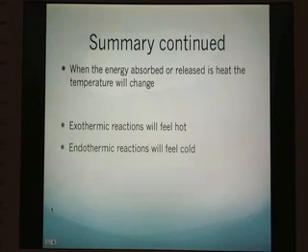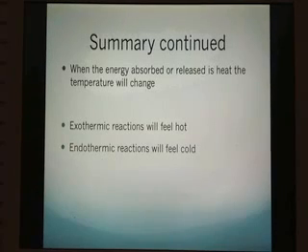Also, when the energy that we're talking about is absorbed or released, if this energy is heat, so it's not light or sound, but if it is heat, you will see a temperature change. So an exothermic reaction, where energy is being released into the surroundings from the system, is going to increase the temperature.